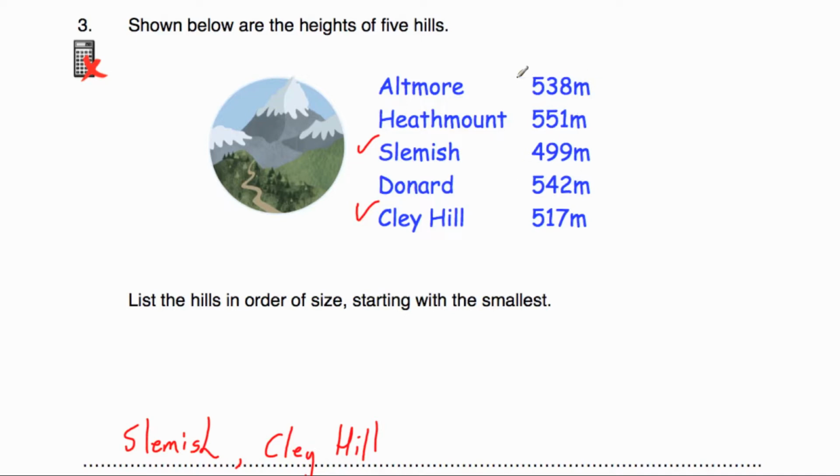So 538 is the next smallest, which is Altmore. Then we've got 542 and 551, so 551 is the biggest, so the next smallest will be Donard. And the biggest one, which is 551 metres tall, is Heathmount. And that's it. The question asks us to list the hills in order of size, starting with the smallest, so that's what we've done.